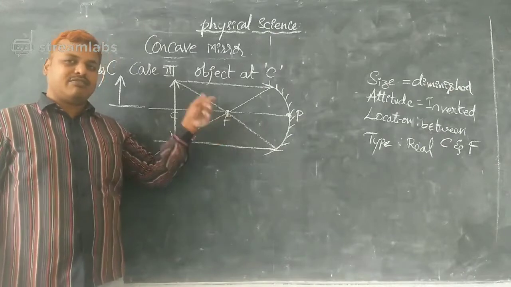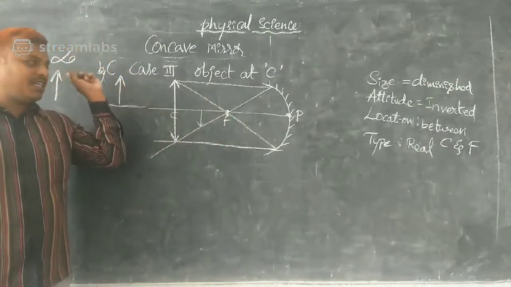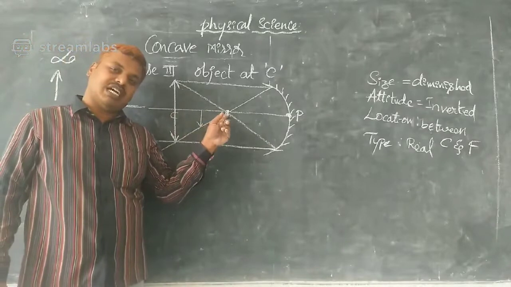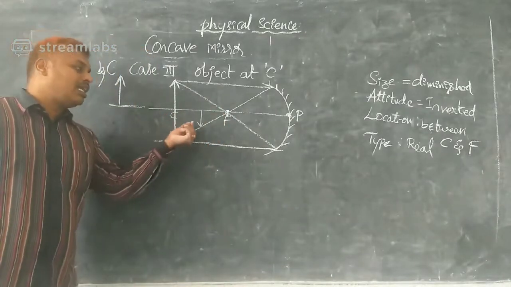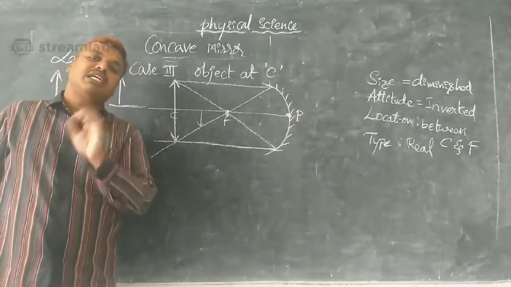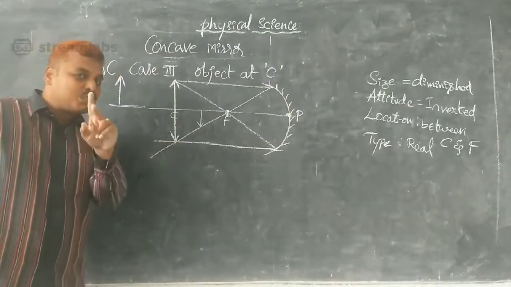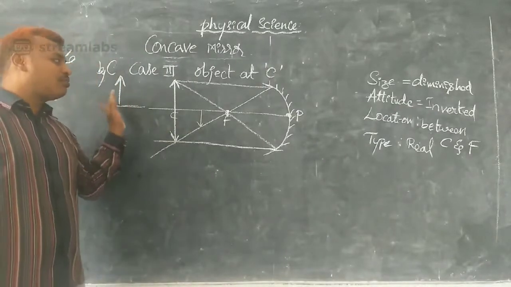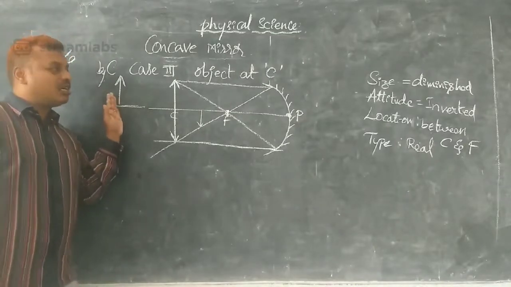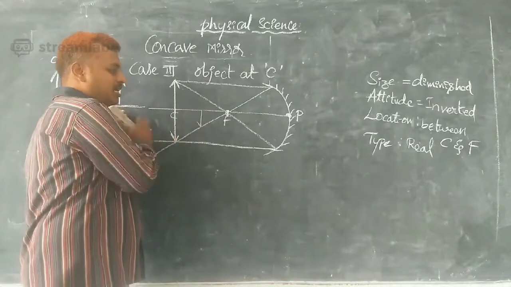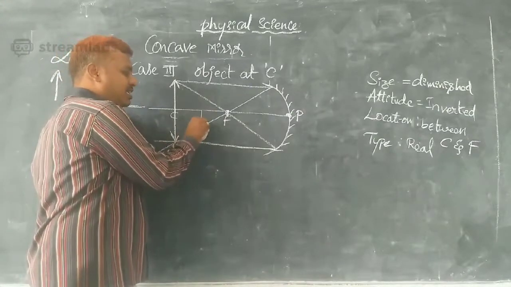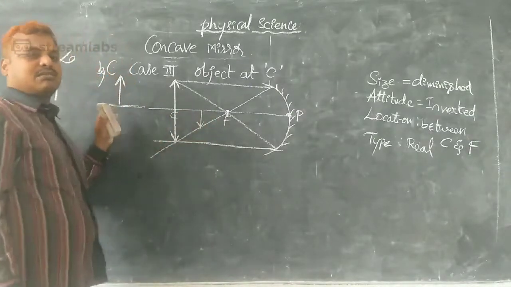In the first case, when the object is placed at infinity, the image is formed at the focus and it is a diminished small point image. A little bit bigger in size in case 2, when the object is brought beyond center of curvature, the image is formed diminished only, but it is between center of curvature and focus.